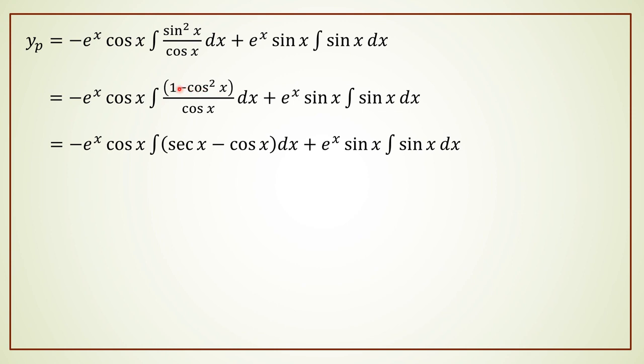Now we know that 1 by cos x is nothing but secant x, and minus cos square x divided by cos x is minus cos x dx, plus the second term I have written as it is.